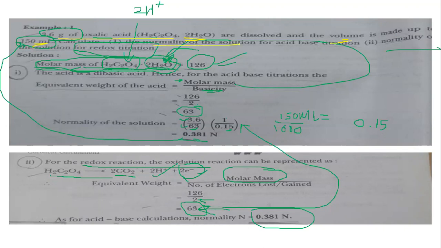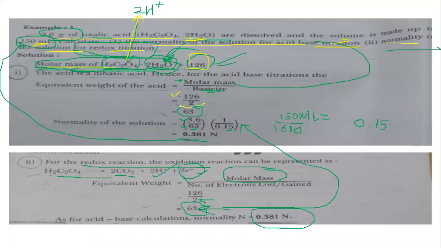Calculate the normality of the solution for acid-base titration and for redox titration. Now first, see the molar mass of oxalic acid. How many protons does it give? 2 protons. So it's molar mass upon 2. The molar mass is 126.